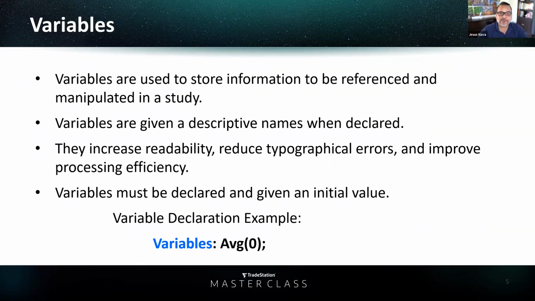It's a reserved word, and it's a word we use to declare other words that we're going to be using. For example, this word AVG, I look at the abbreviation and I know that's an average, but that's a word that I'm making up, and I'm telling EasyLanguage I'm going to start using the word AVG, and AVG is going to be a number. That 0 that you have inside of parentheses tells EasyLanguage that that variable is numeric, meaning that it's going to hold a number.